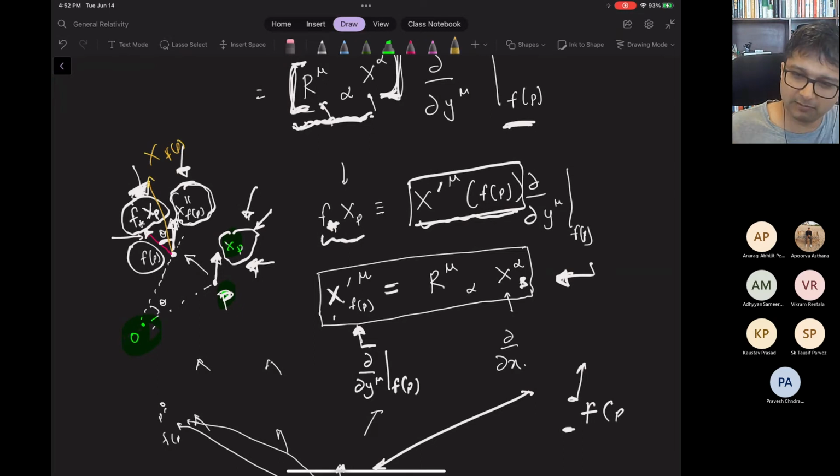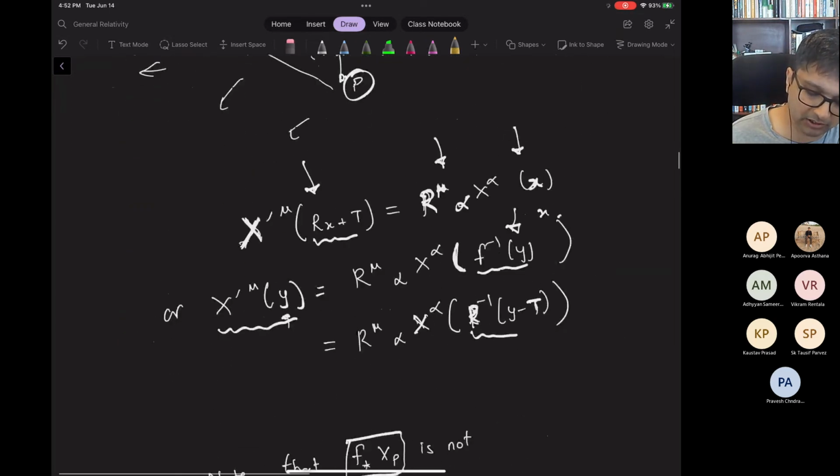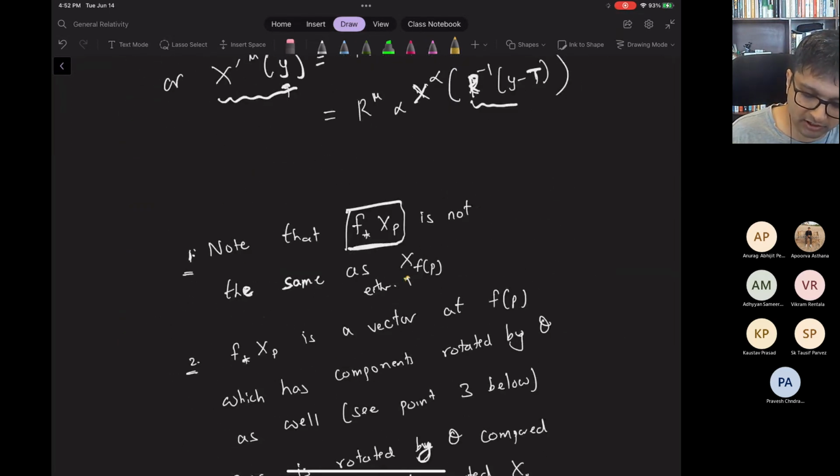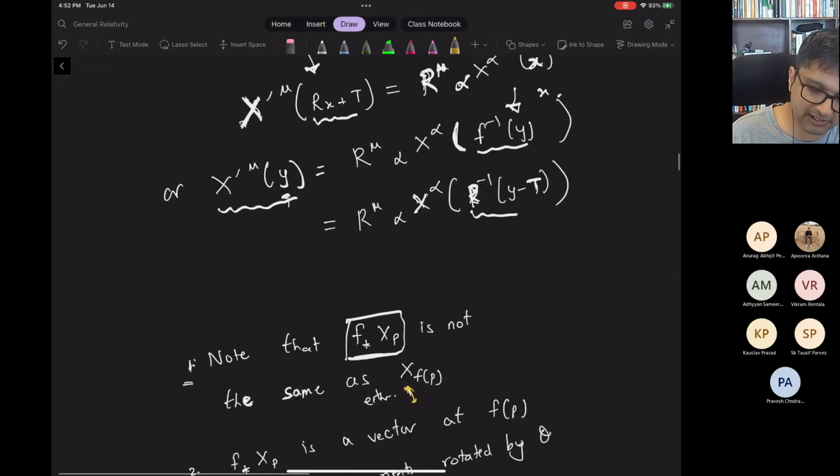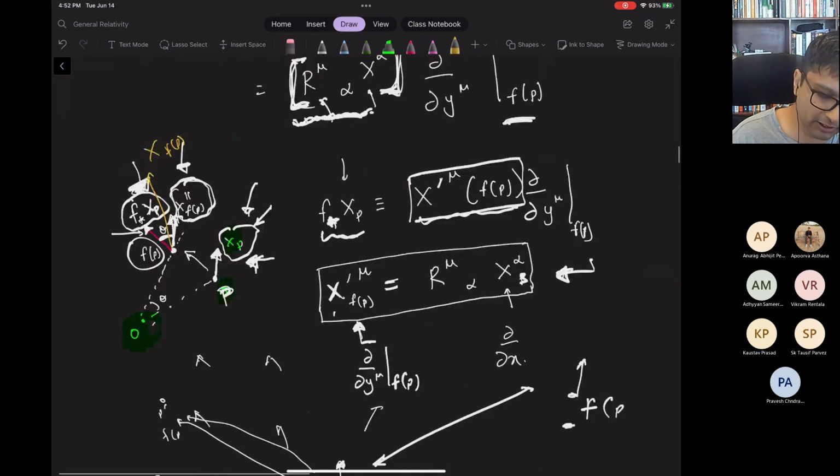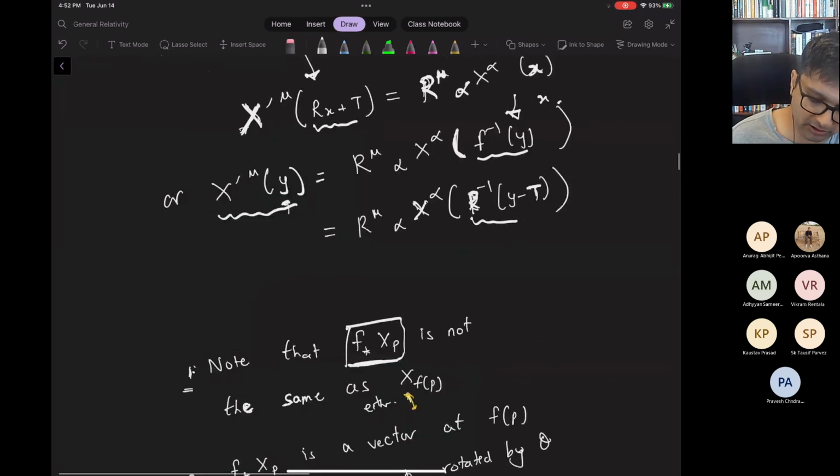This is something completely different. The push forward is neither that vector, nor is it the parallelly transported vector x parallel f of p in general.